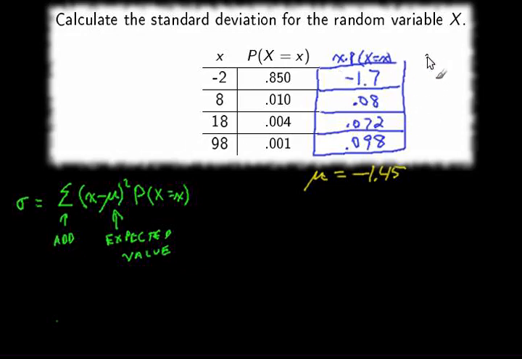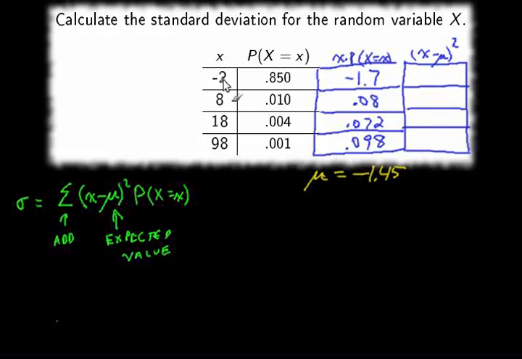Now, we need another column. We need the x minus mu squared. We're going to take these squared deviations and put them in a column here. So, deviation here, x minus mu.